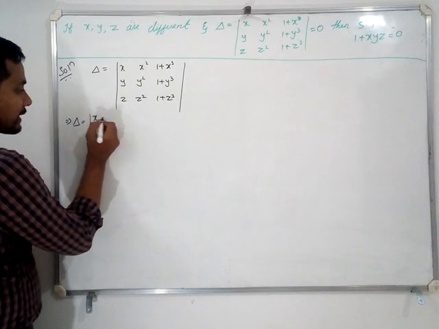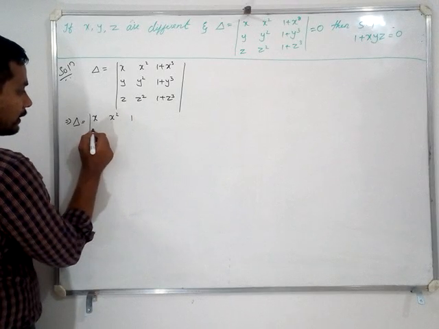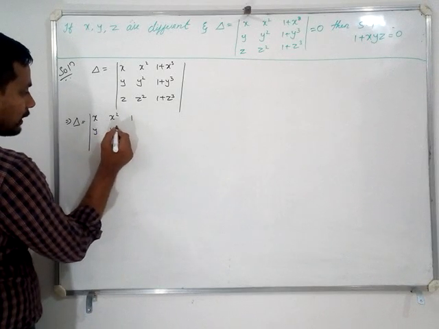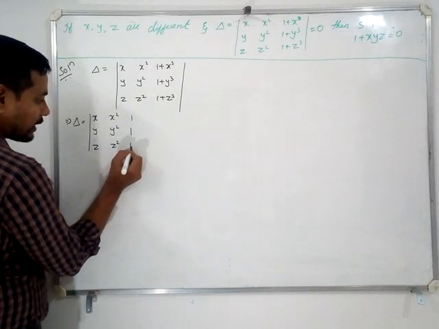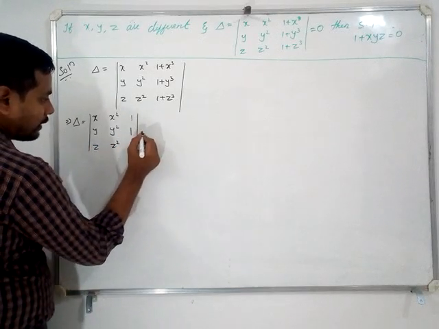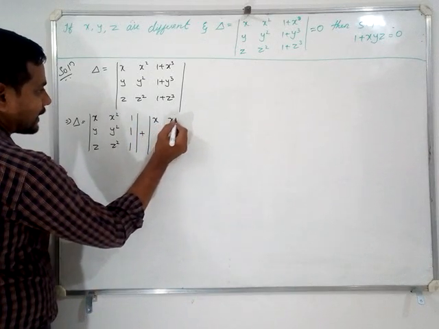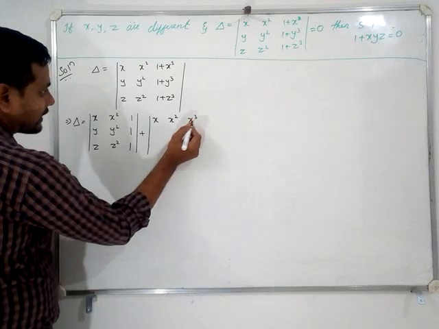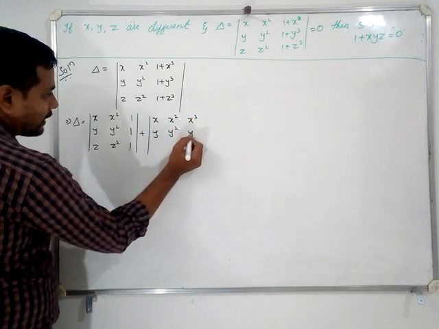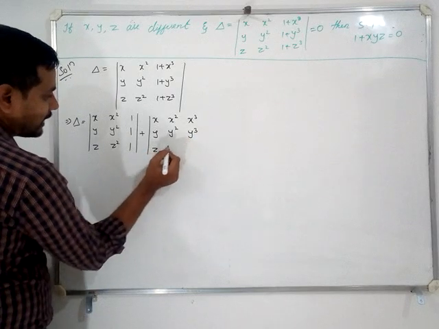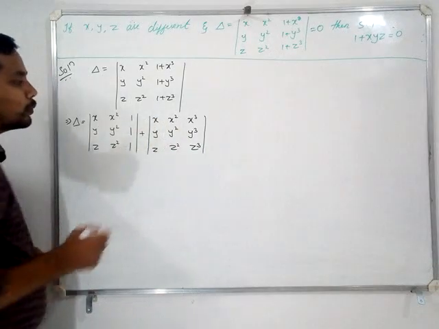I can write this as the determinant x square, 1, y square, 1, z square, 1, plus the determinant x square, x cube, y square, y cube, z square, z cube.